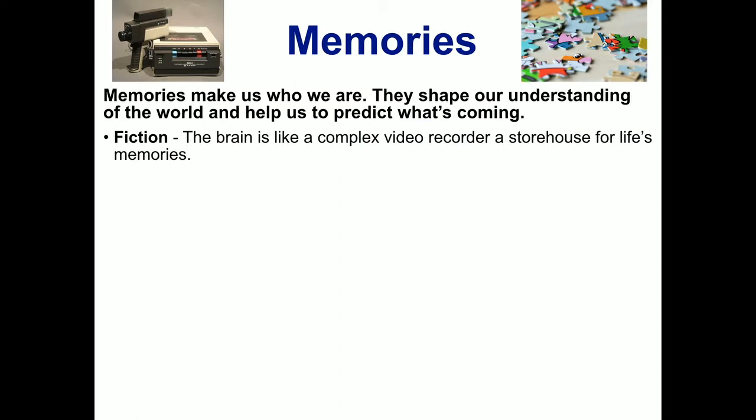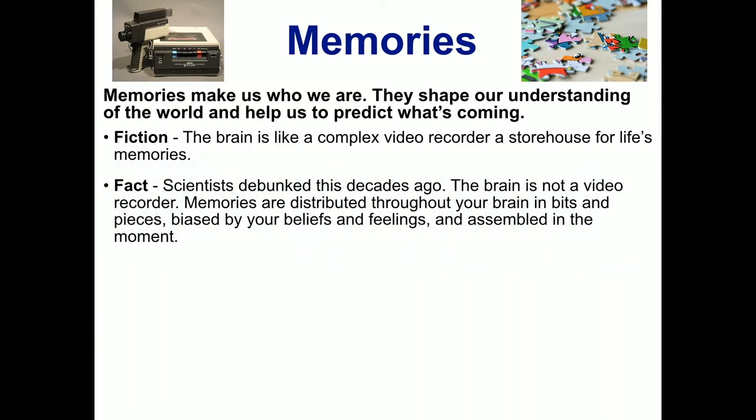So the fiction for many years was that the brain was a bit like a video recorder for memory, and therefore it records all of these memories and then stores them in this video format for life. Of course, that's not true. What scientists found decades ago is that it's not a video recorder. And here's the thing, memory is distributed throughout your brain. It's tiny little bits and pieces, bits of chemical, bits of electricity, distributed in all these different places.